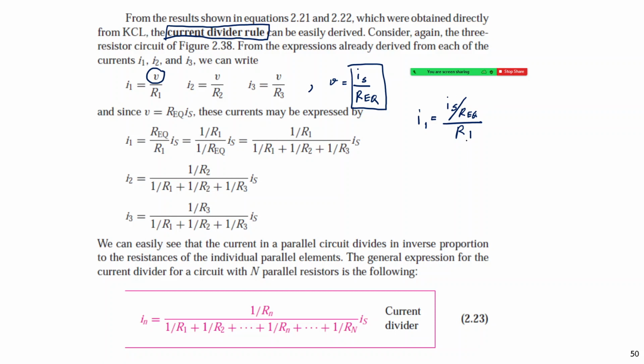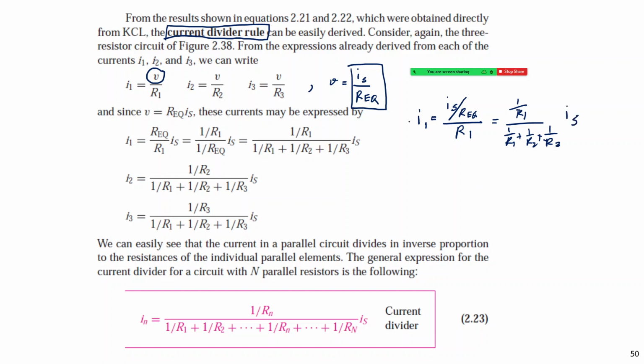Divided by R1. And then I1 would be Req, and 1 by R1 is 1 by R1. Here 1 by Req is 1 by R1 plus 1 by R2 plus 1 by R3 here, and Is.